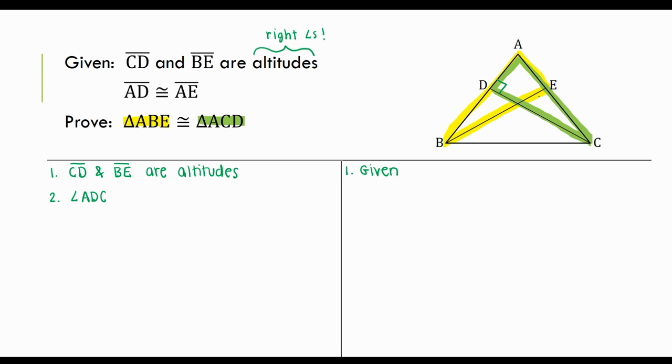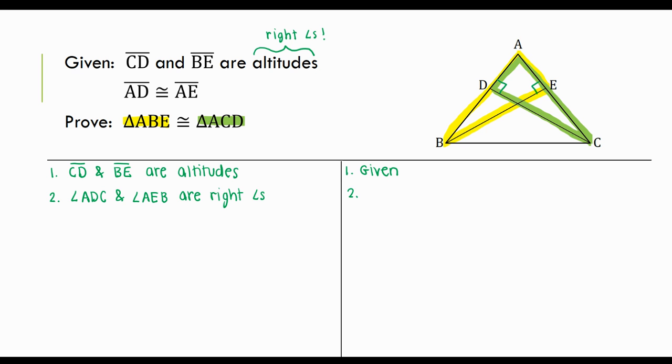So the right angles are happening at E, but the only right angle that's absolutely necessary for us is the right angle inside of that yellow triangle, angle AEB. All right, so angle ADC and angle AEB are right angles.